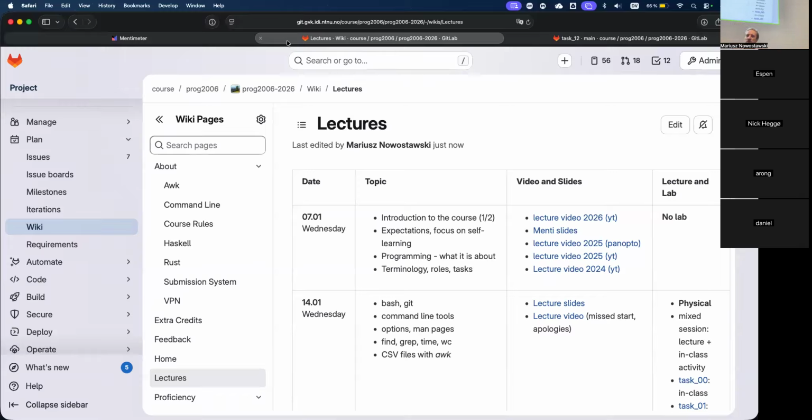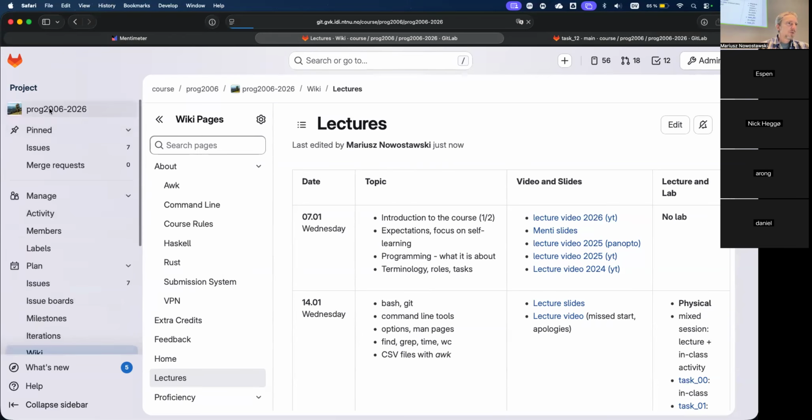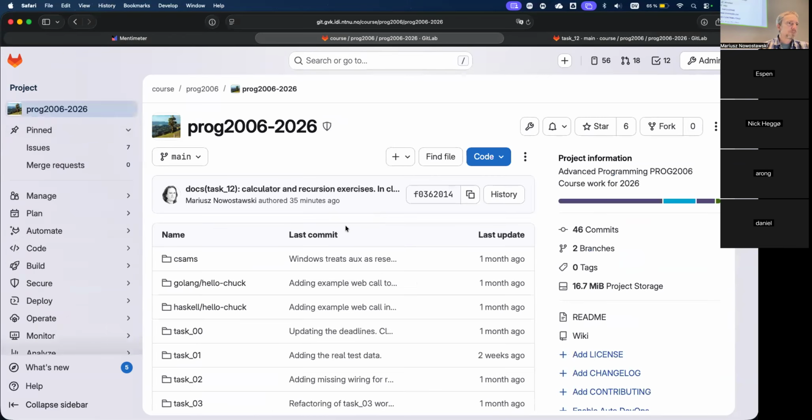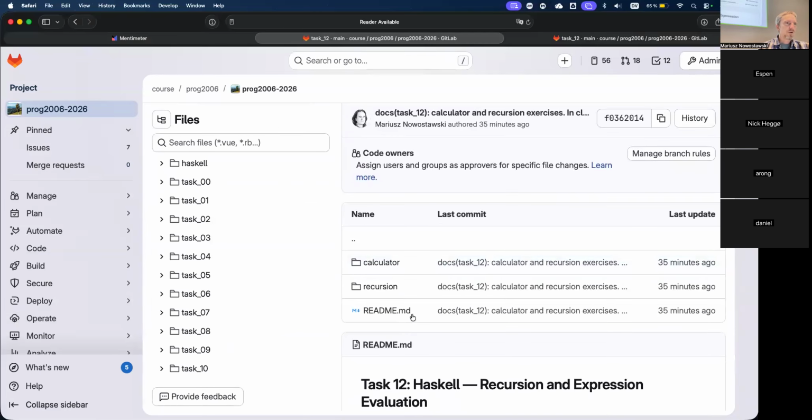It depends. So in lab 12, for today, you have two things. Let me go to lab 12. Task 12. There are two things, and one is called recursion, and it talks about two types of recursion.